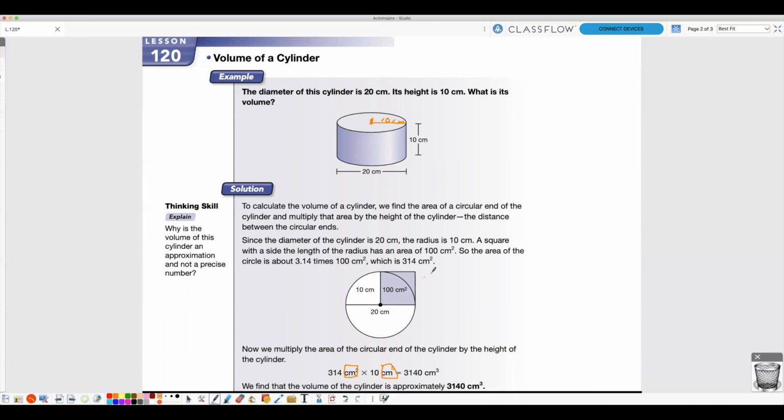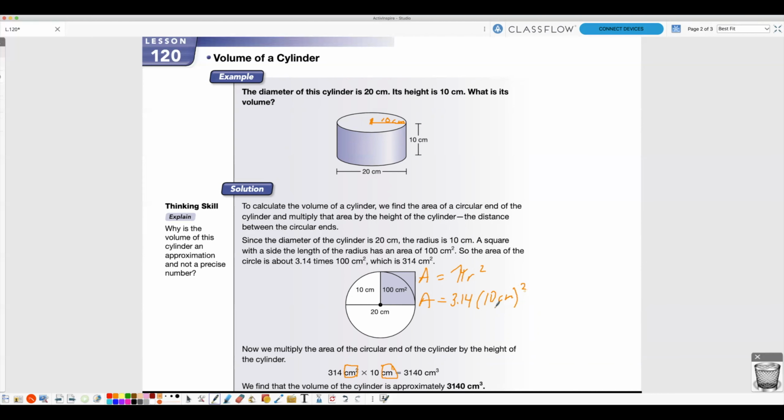So again, just to recap what we just went through here on this solution, you need to take the area of a circle, which is pi r squared. We know that pi is 3.14. We know that the radius of this particular cylinder is 10 centimeters, and we have to square that. So we need to do parentheses and exponents first, and please excuse my dear Aunt Sally.